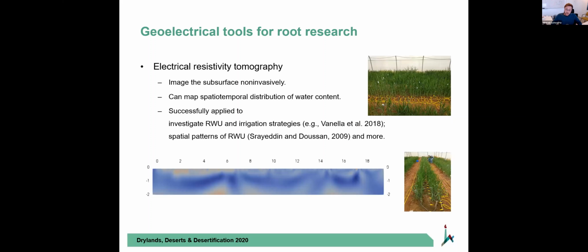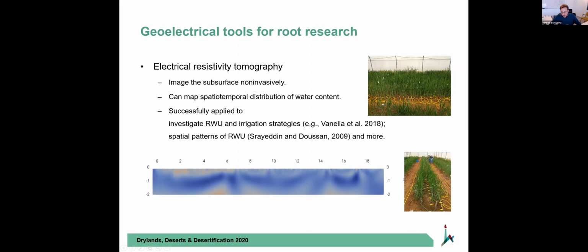So in recent years, there is a lot of interest in using geoelectrical methods to do root research. I'm going to focus on one method, electrical resistivity tomography. The main idea with the method is that you can image the subsurface electrical properties non-invasively. And using what we geophysicists call a petrophysical relationship, you can translate resistivity into water content.